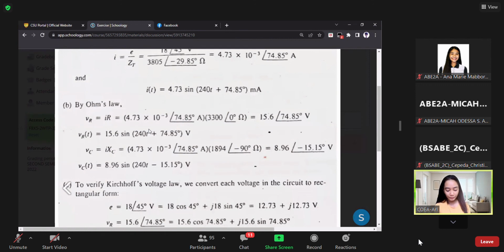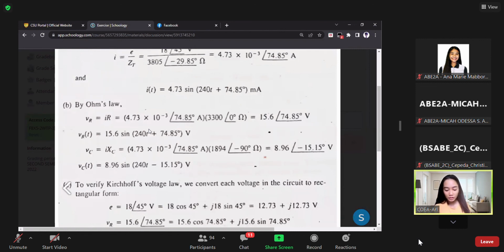4.73 times 10 raised to -3 or milli, angle 74.85, times 3,300. Again, if the angle given is 0, you can just simply consider the magnitude lang.